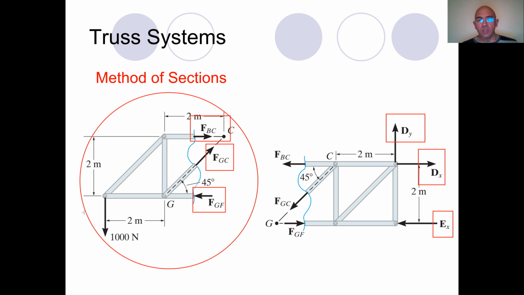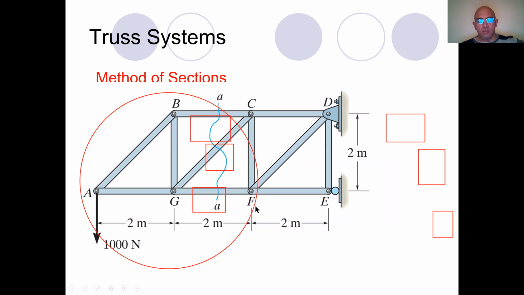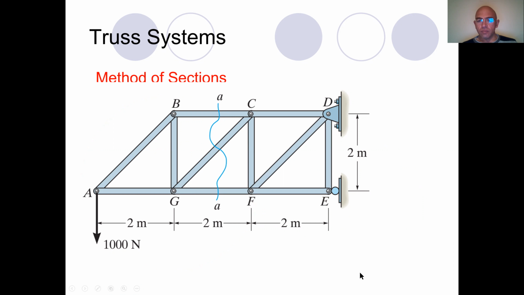If you cut the structure in an improper way, for example, you may want to cut the structure in a different way and find the forces in members BC, GC, CF, and CD.